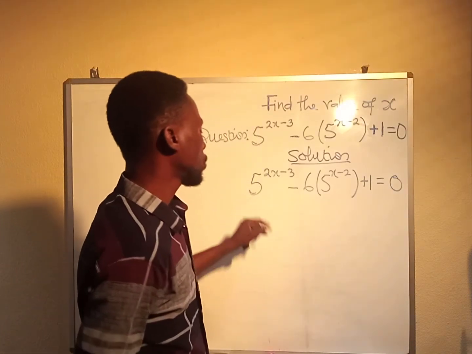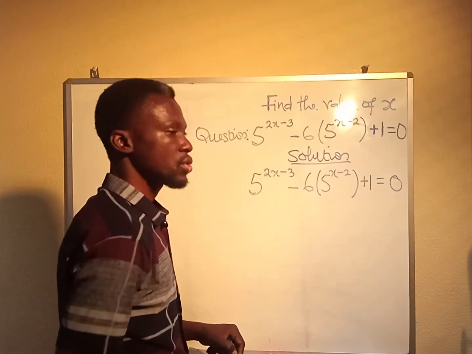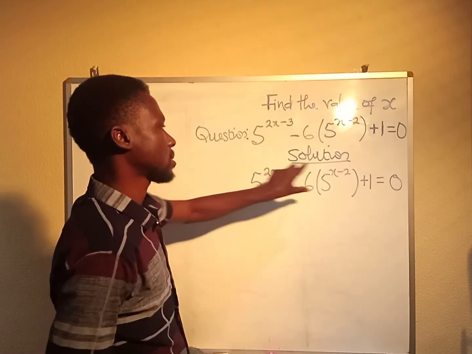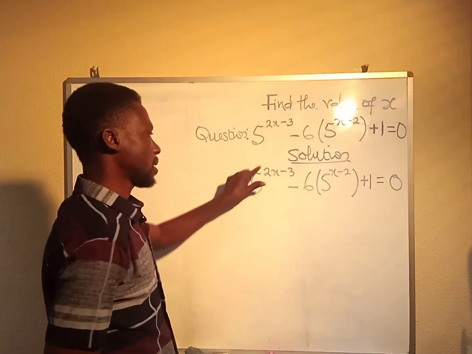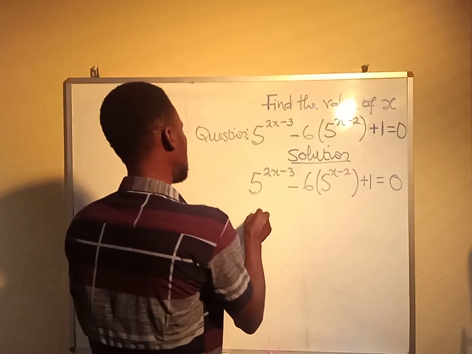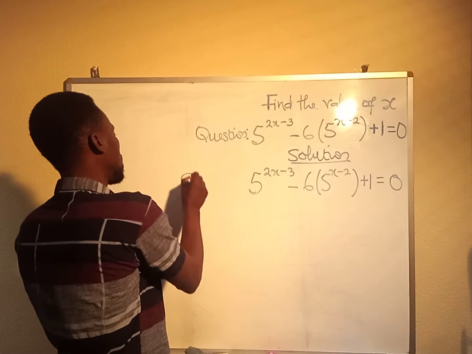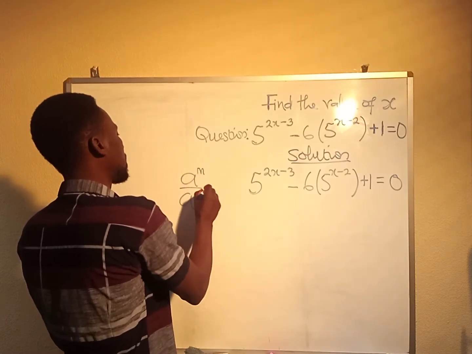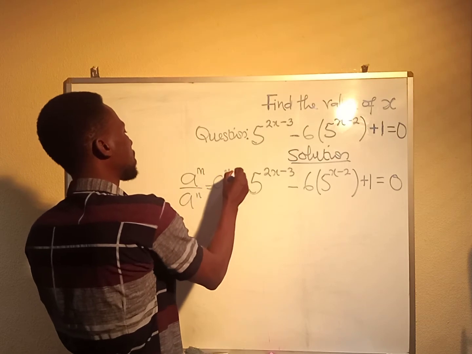Now what we are going to do is apply the quotient rule of indices to rewrite this part of the equation. Using the quotient rule, a raised to the power m over a raised to the power n is equal to a raised to the power m minus n.